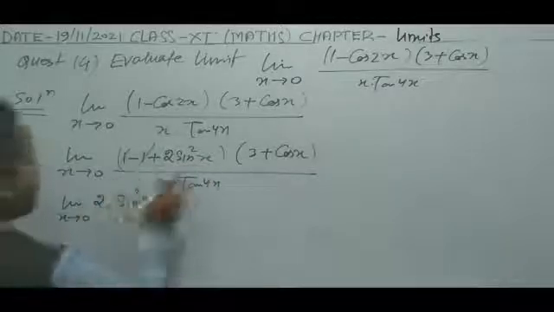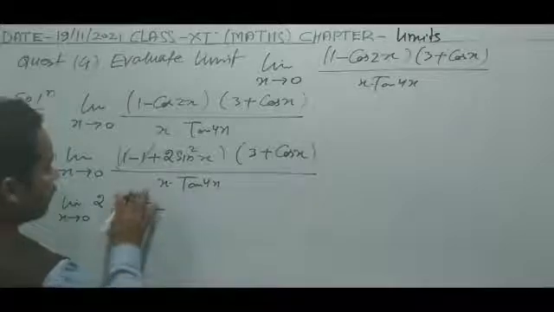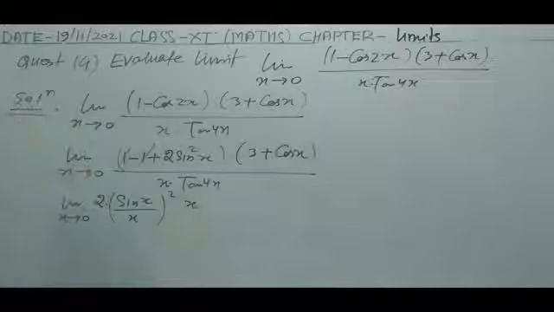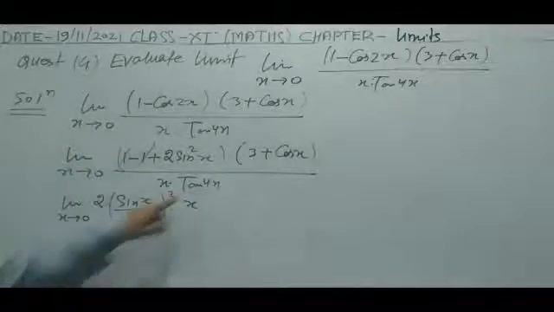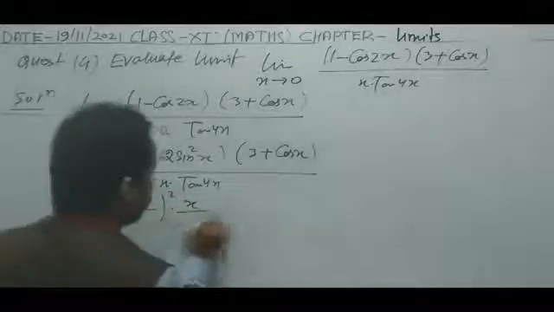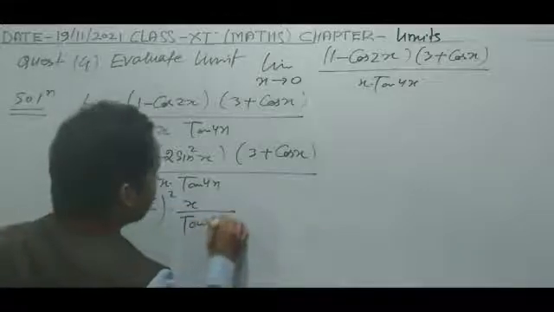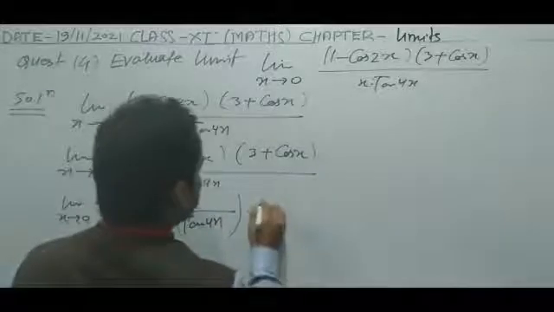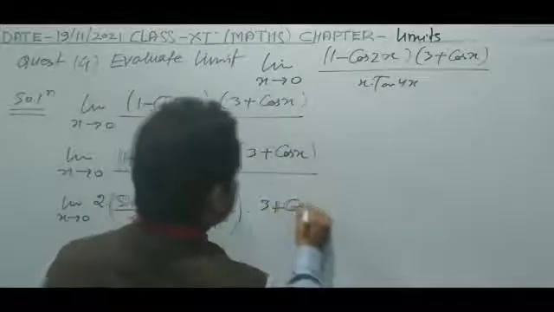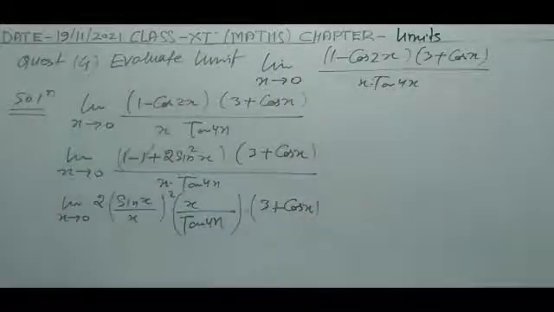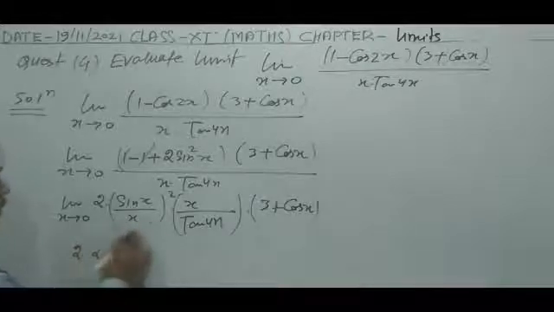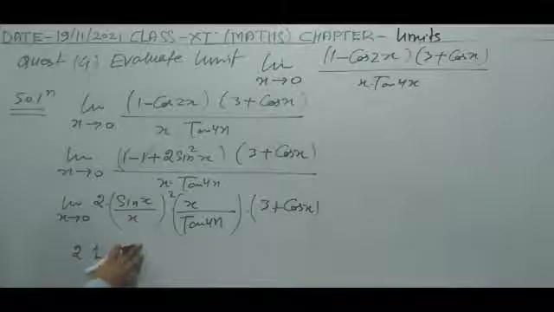So this sin square x we can write (sin x upon x) whole square into x, because here will be x square, so x square from x will cancel, and whole upon tan 4x, into 3 plus cos x. We have split in 3 parts. So 2 into 1, when you operate limit here, you will get 1.